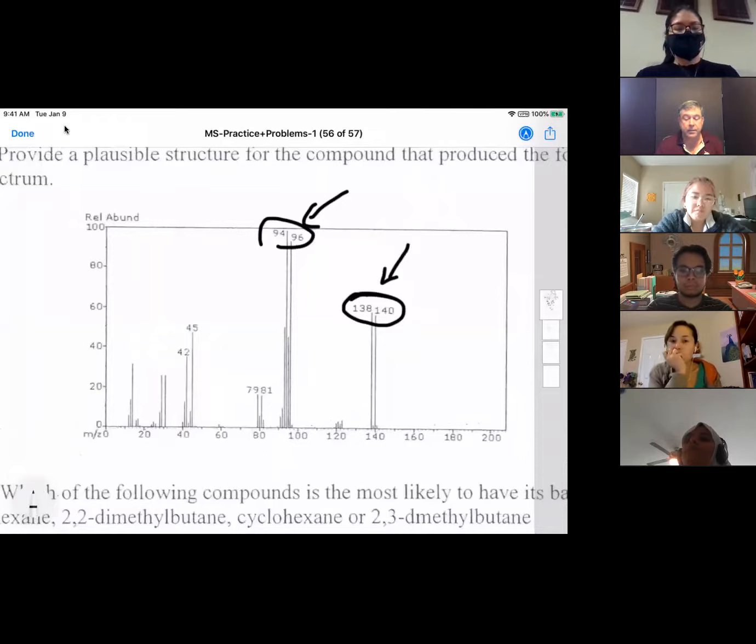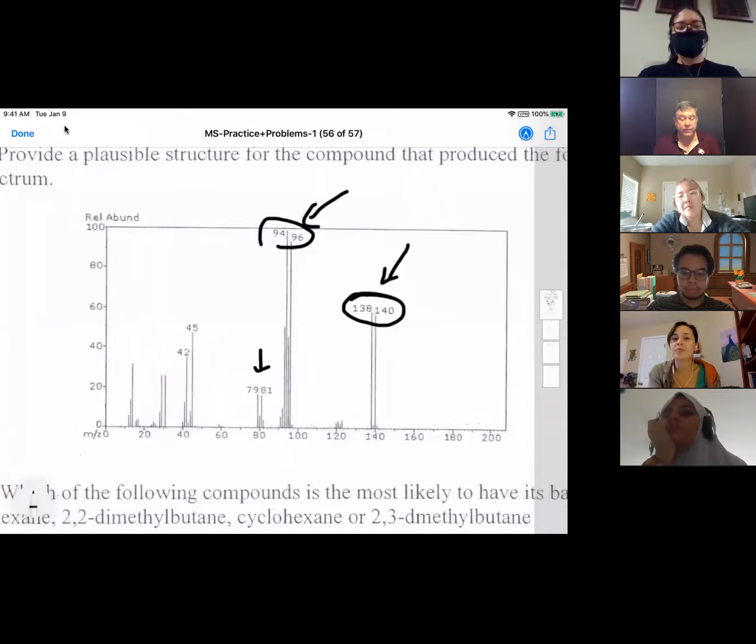This is our parent ion peak with the bromine on it. This is that, and then this is bromine. See, it's 79 and 81. That's the bromine peak there. So these two fragments at least have bromine on them.